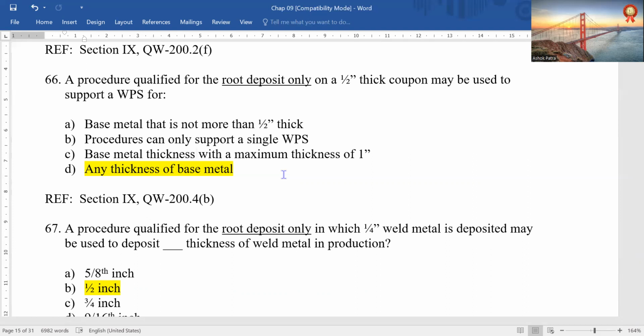With multipass, yes. But it is root deposit only. No. Check it. Check also. The procedure qualified for root deposit only, where quarter-inch weld metal is deposited, may be used up to half-inch thickness. That is okay.